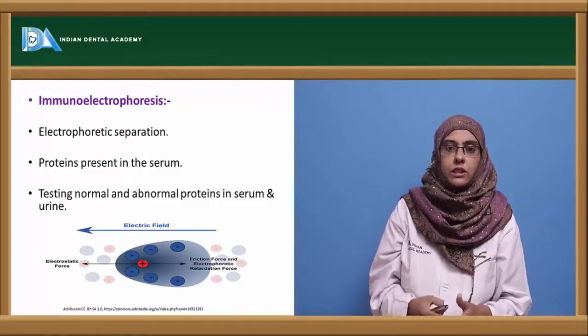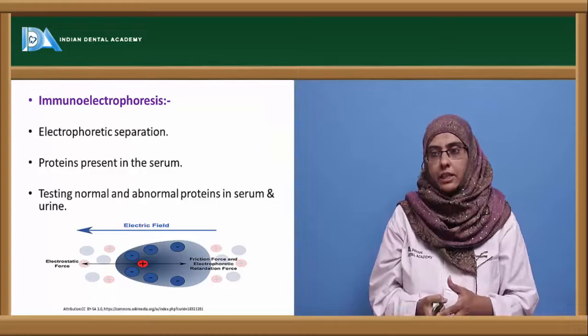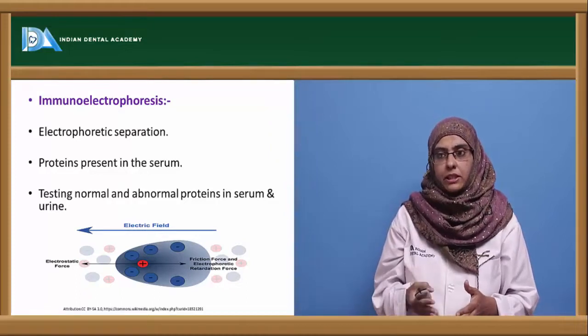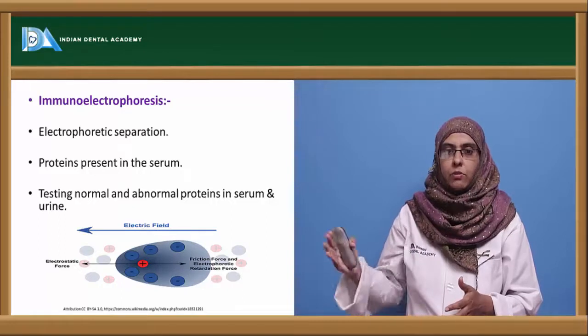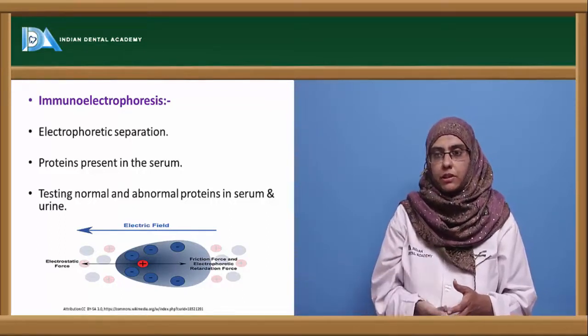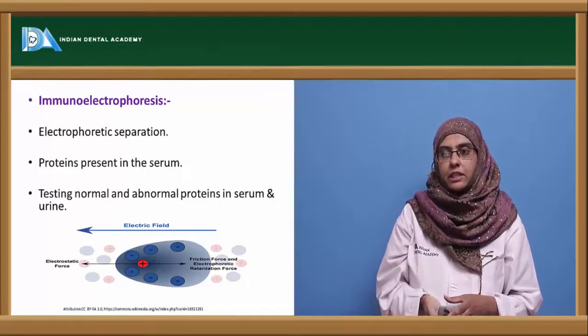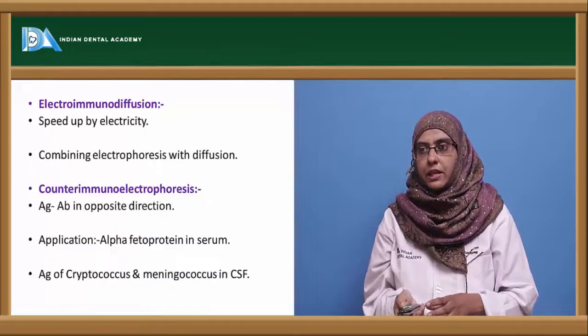So electrophoresis is combined with immunodiffusion, and it is more sensitive when compared to the other techniques. Here the protein present in the serum will be electrophoresed into different components, towards which we go for immunodiffusion. And here the testing of normal and abnormal protein in serum and urine samples is usually done.